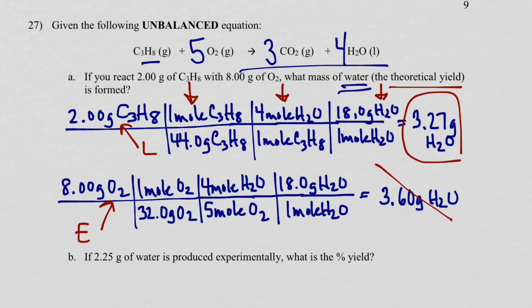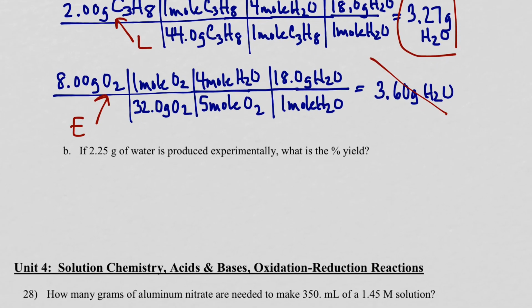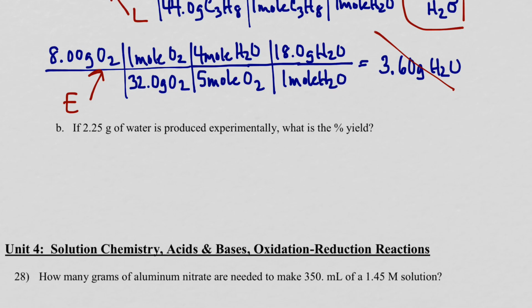And then the last one in this section, finally, part B, is what is the percent yield based on your calculation for part A. It says if 2.25 grams of water is produced experimentally, what is the percent yield? So the formula we want here is, whoops, I'm sorry, just flip that over.